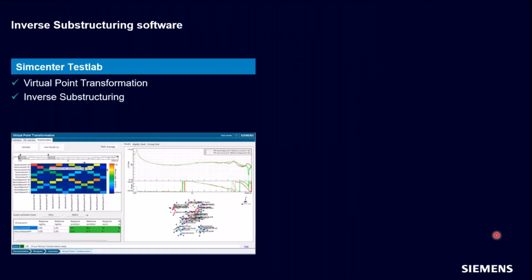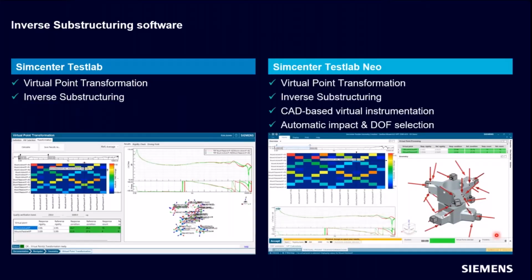I'd like to jump into a demonstration in the software, also to show you step by step as we go through this with an actual case study, show you some sample data and what you can expect from these methods. What I want to mention before I go into the software is that virtual point transformation and inverse substructuring are available both in what some people might refer to as TestLab Classic, but also in our newer generation platform, which we call TestLab Neo.